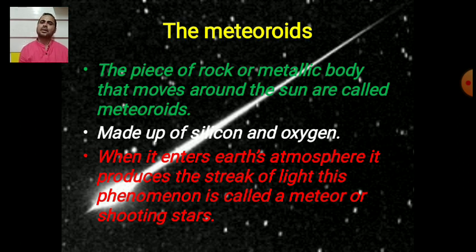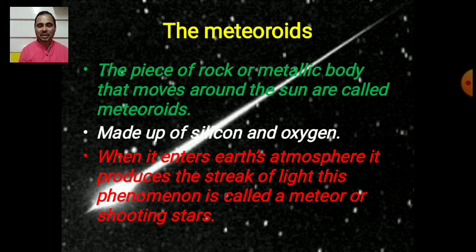Do you know, sometimes these meteorites fall out of their orbit, and when they enter the earth's atmosphere, they produce this streak of light. This phenomenon is called a meteor or shooting star. I told you, no?